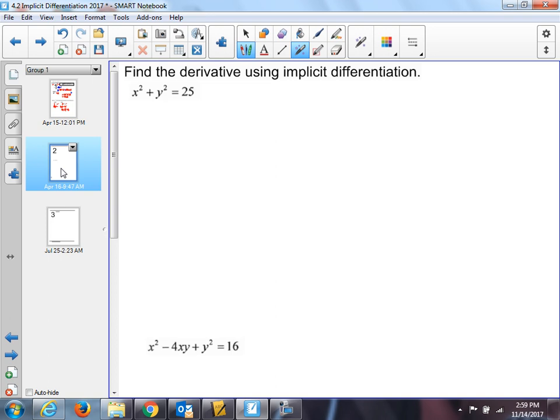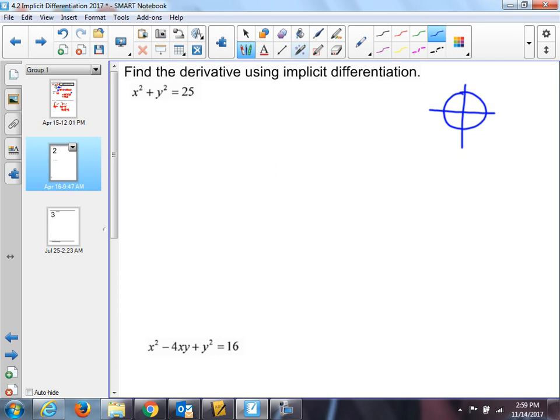What kind of shape is this if you plotted all the x's and the y's that are ordered pairs that make this work? It's a circle. Prior to 2012 you guys would have studied this, but they don't anymore. So this is the equation of a circle, and a circle is not a function, it's a relation.